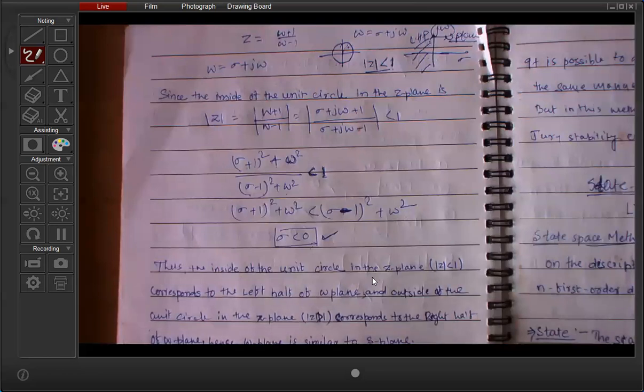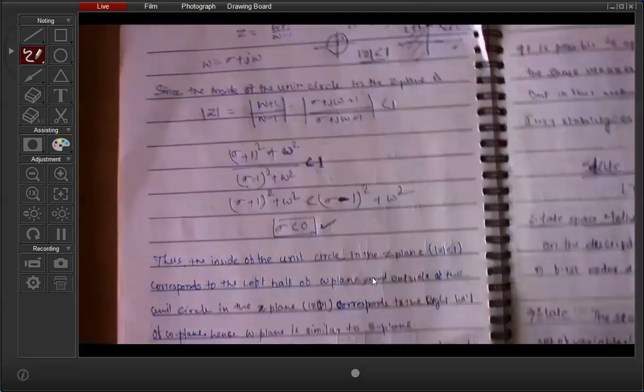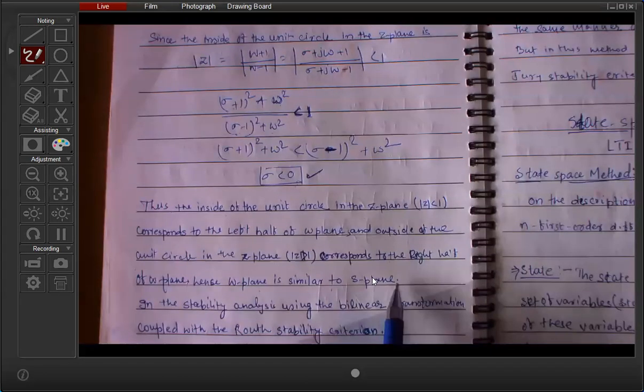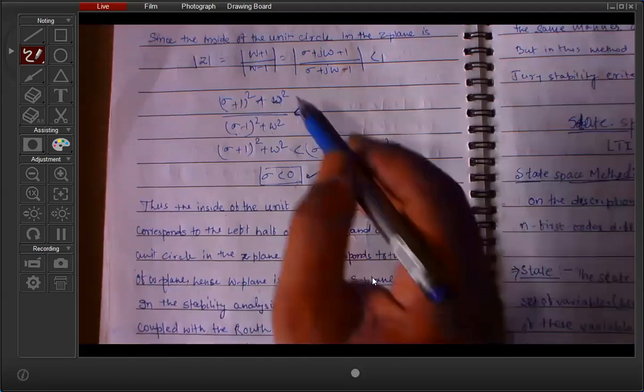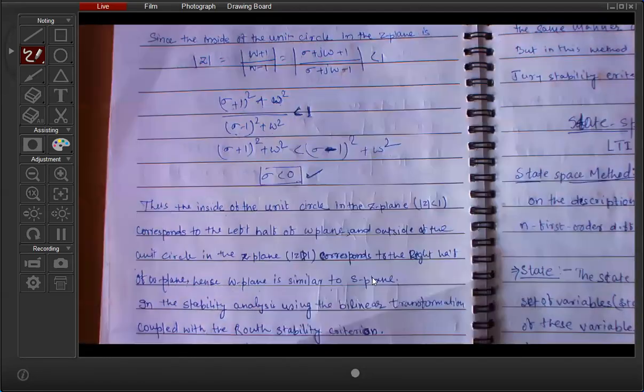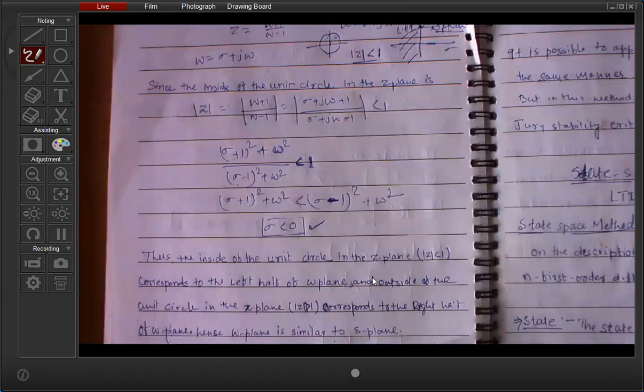So the W plane is similar to the S plane. When you replace Z equal to (W plus 1) by (W minus 1), then the W plane is similar to the S plane.